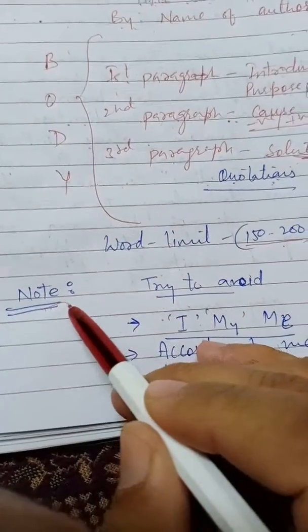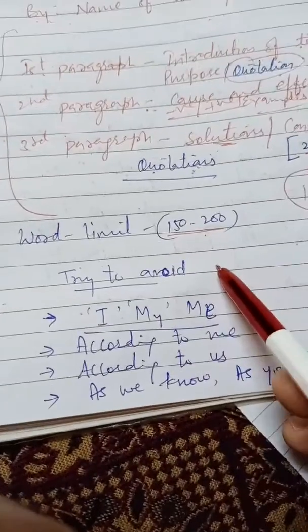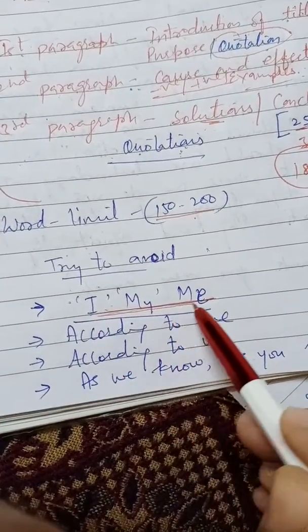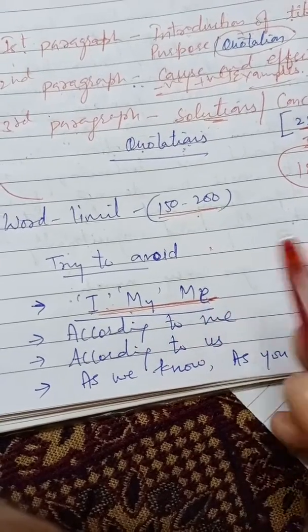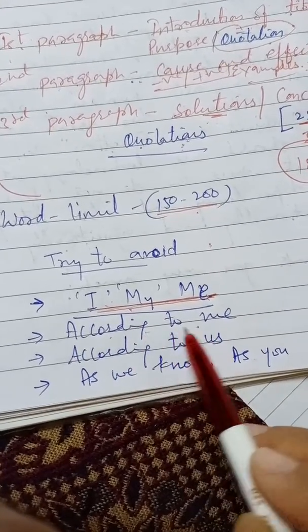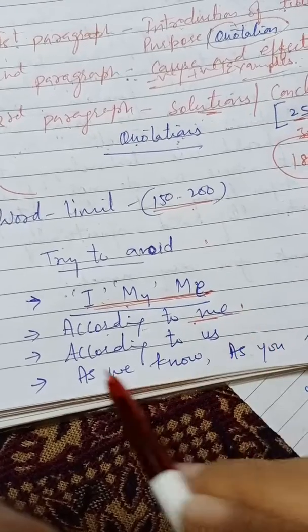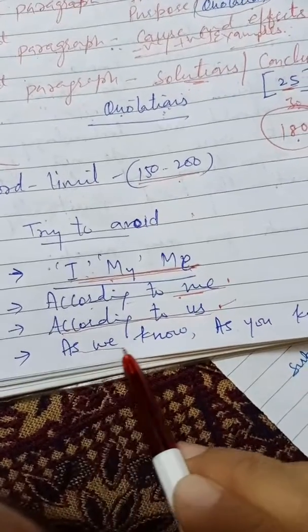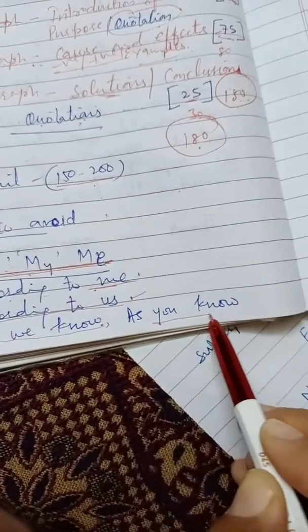Now, there are certain things you need to take care of. First, these pronouns: I, my, me. Then the phrases: according to me, according to us, as we know, as you know.